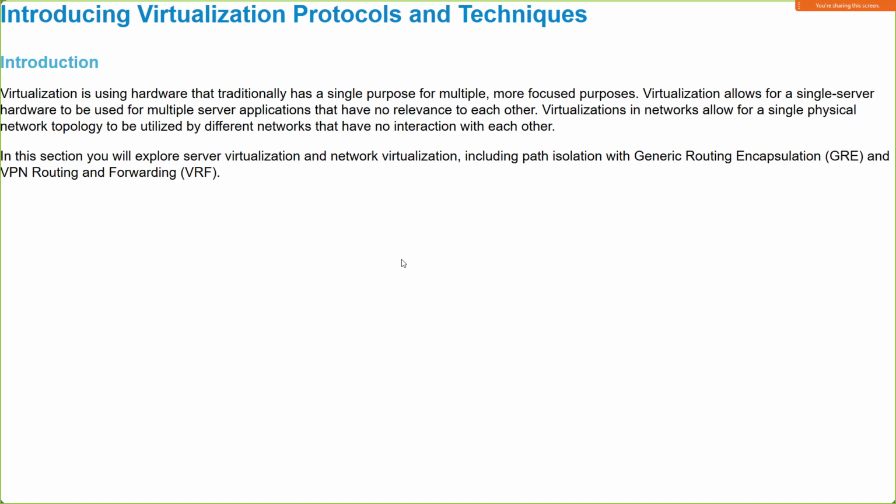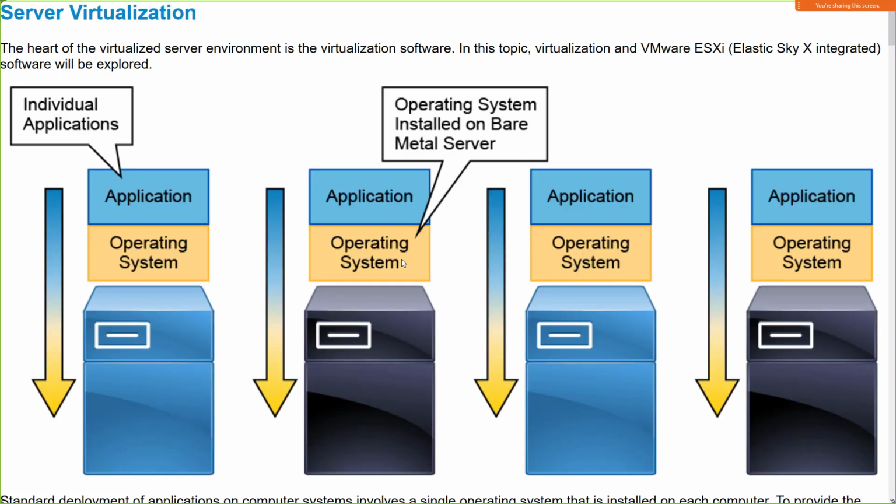So we'll talk a little bit about GRE, which is a very, very simple concept, just encapsulating data inside of a GRE header and a packet header. And then we're also going to talk about VPN routing and forwarding, which is VRF. That's typically going to be used for things like MPLS or multi-protocol BGP and so on. So let's get started.